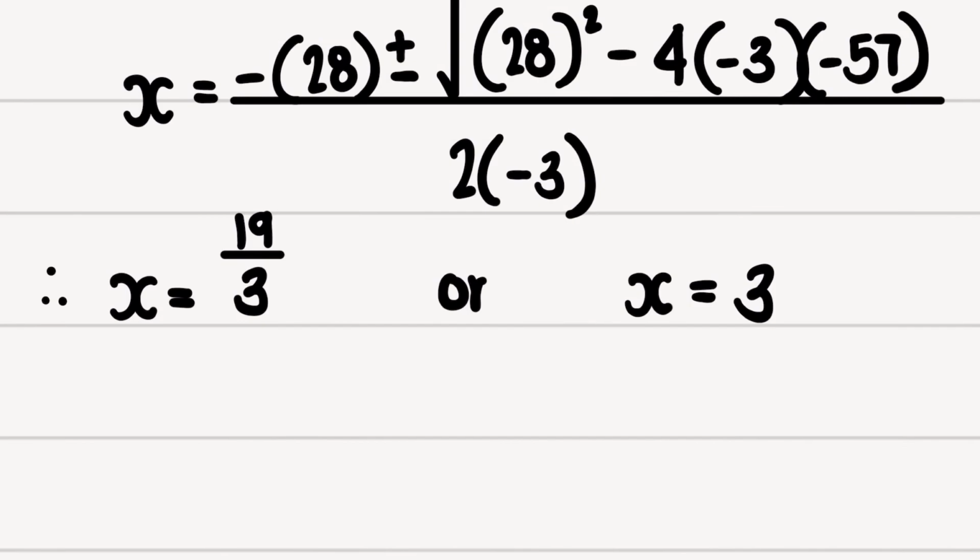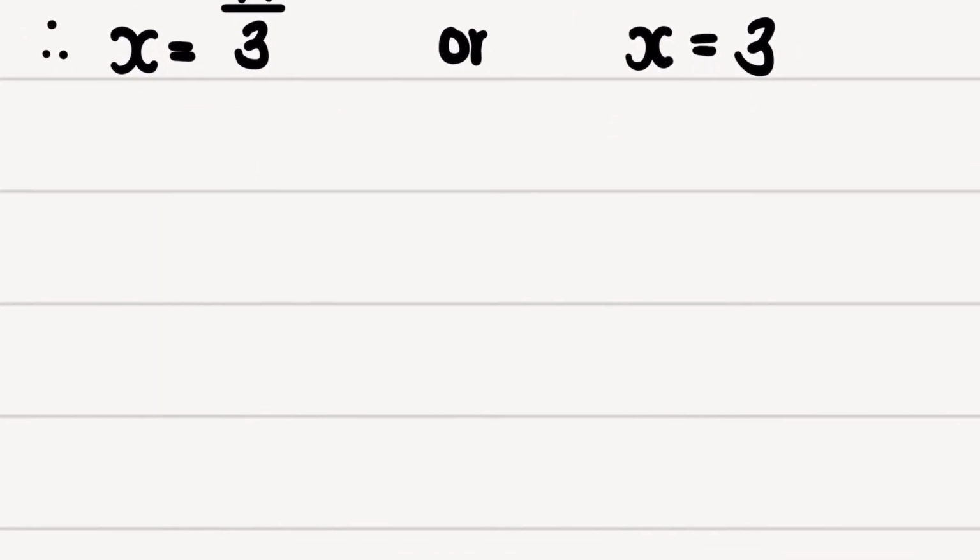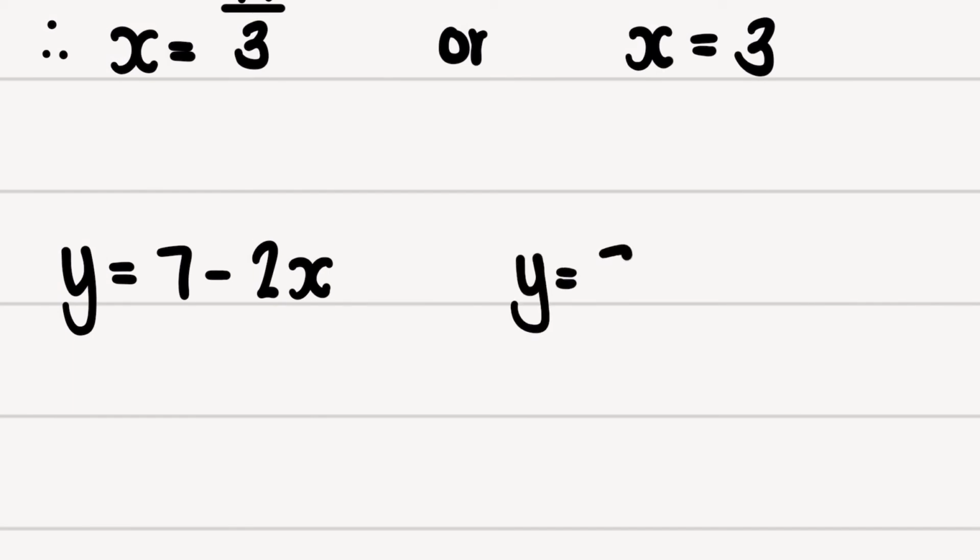Now I'm going to substitute those two x values into my formula to determine my y. So I'm going to go into the formula y is equal to 7 minus 2x.